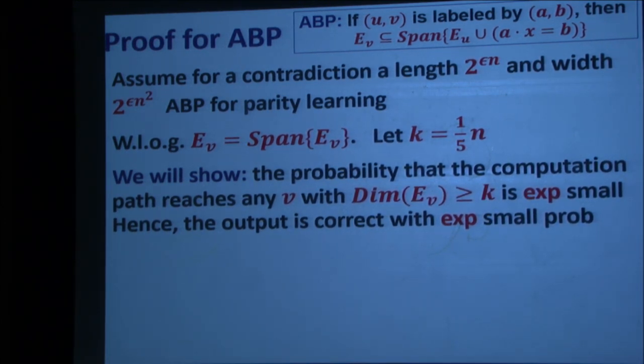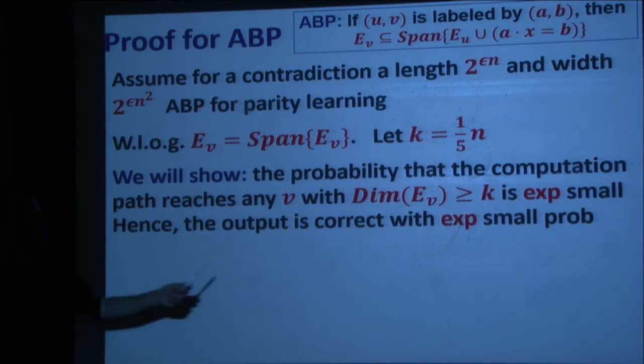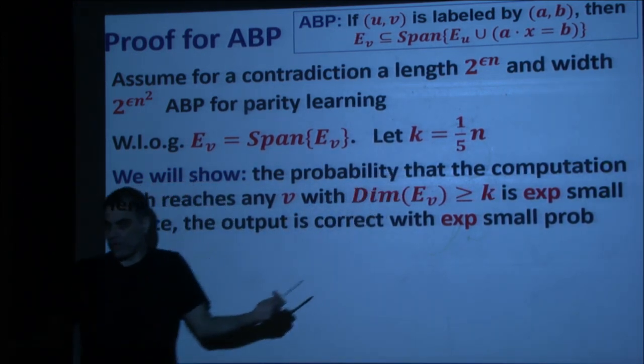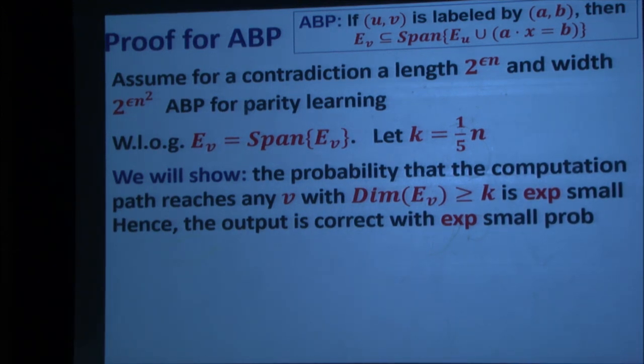And therefore, if the number of equations is at most 1 over 5n, the number of solutions is at least 2 to the 4 over 5n. It is an exponential number of solutions. The subspace of solutions is of dimension at least 4 over 5n, and therefore our chance to guess the right solution is a very small chance.